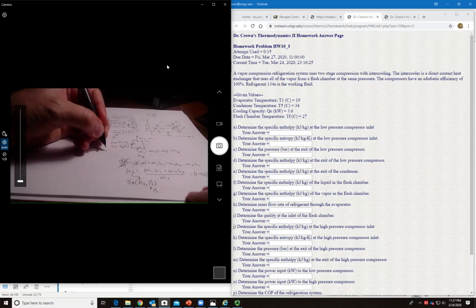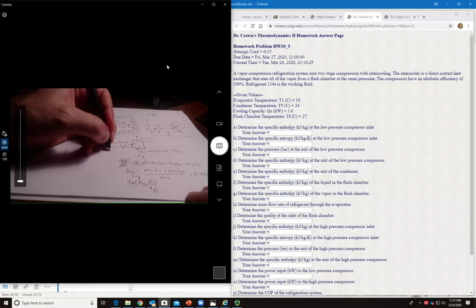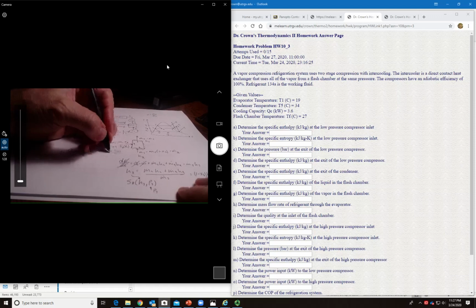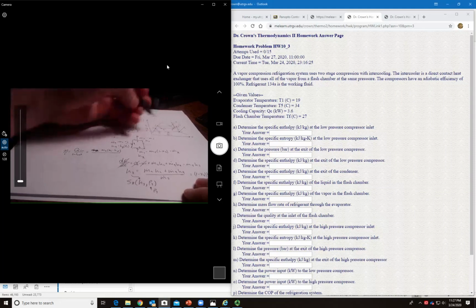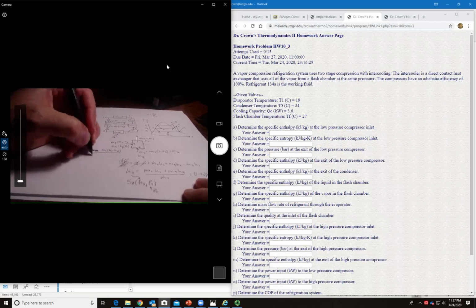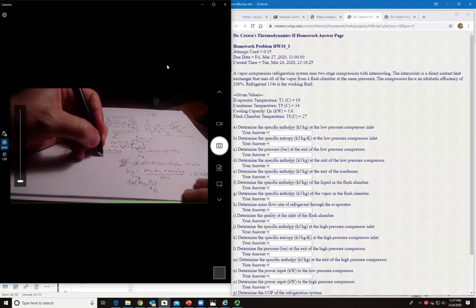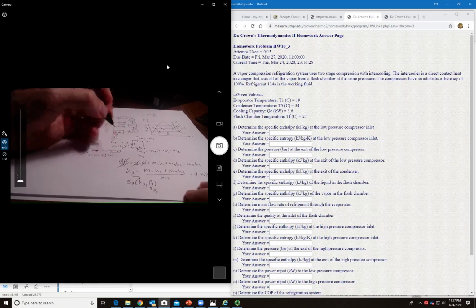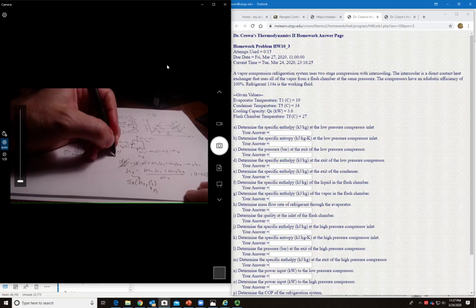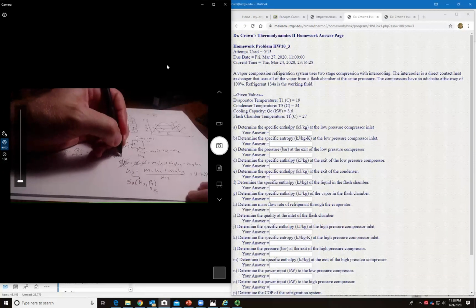M dot 2 times H1 minus H8, divided by, then I have the work here and here, so that's m dot 2 times H2 minus H1 plus m dot total times H4 minus H3.